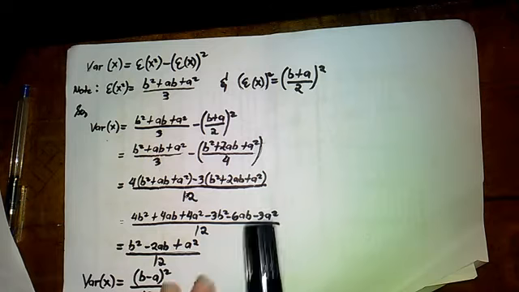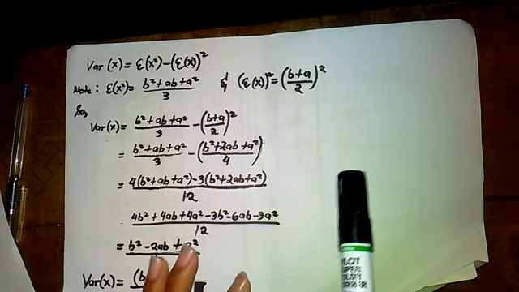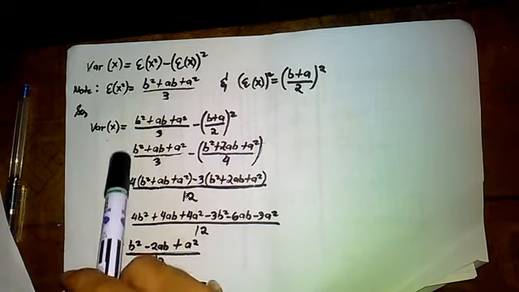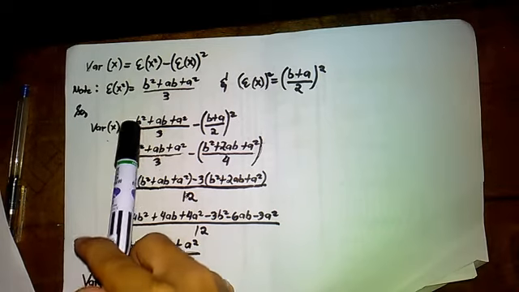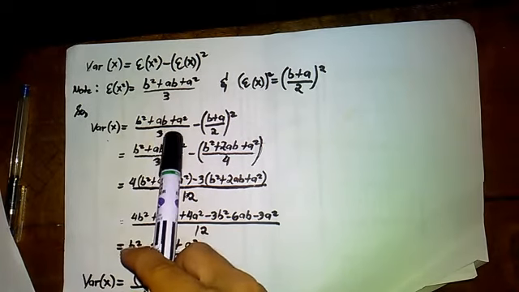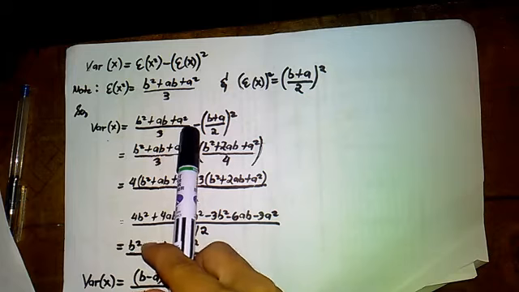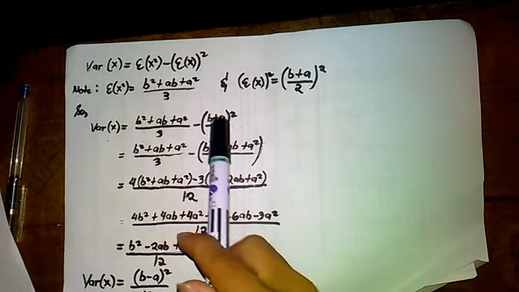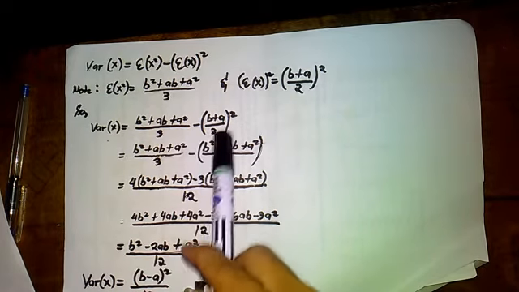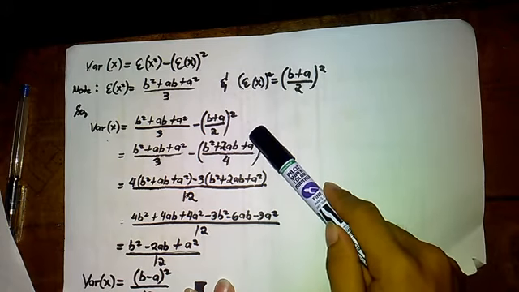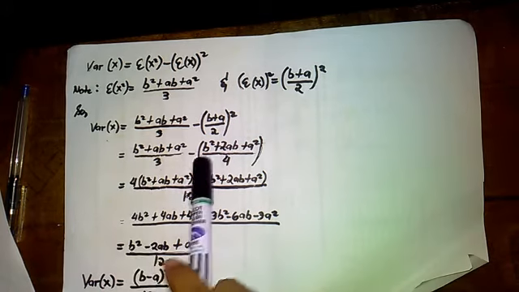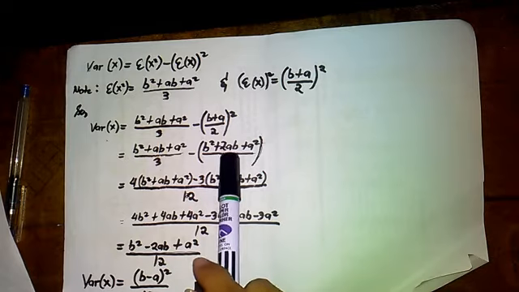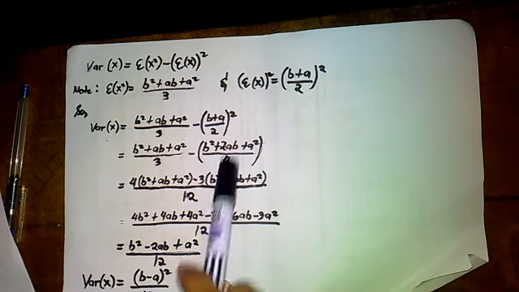So to get the variance of x, it is b squared plus ab plus a squared all over 3 minus b plus a over 2 squared. To simplify, we have b squared plus 2ab plus a squared all over 4.